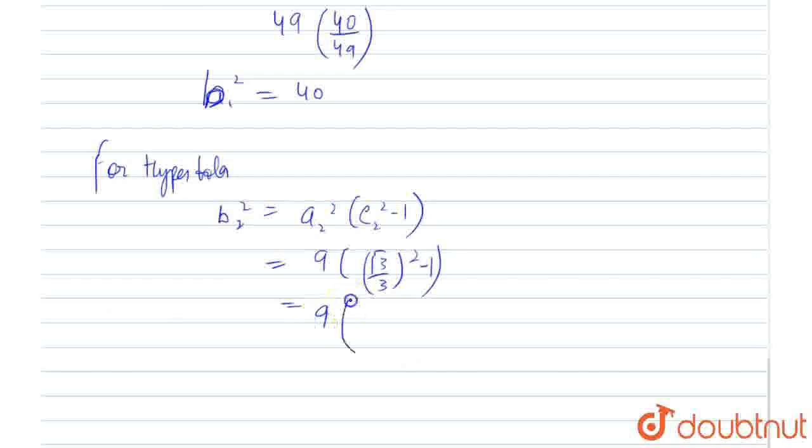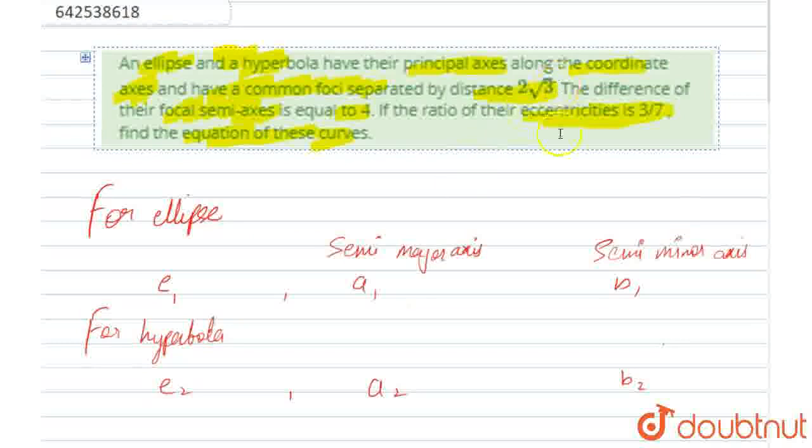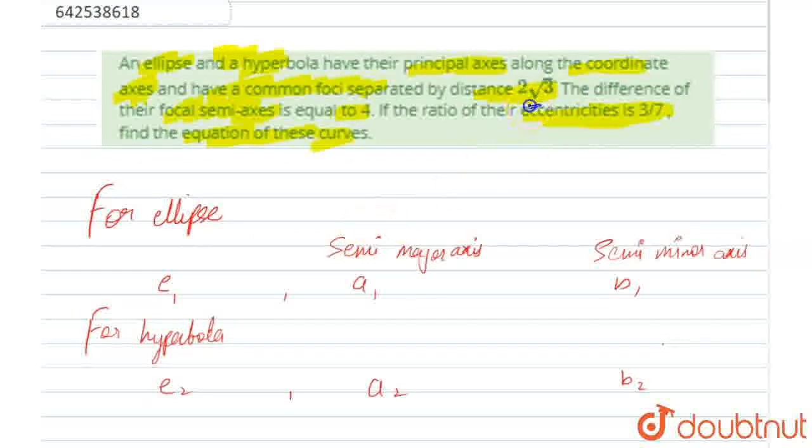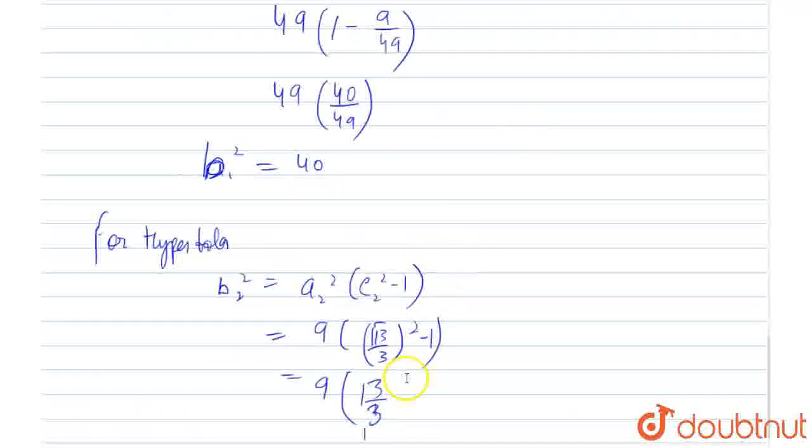Yes, I think this is 13, not 3, because this can't be 0. I think there is a mistake in the question. If this is 3, then 1 minus 1 is 0 here, and that is not possible. So I think this would be 13, not 3. There must be a question mistake.